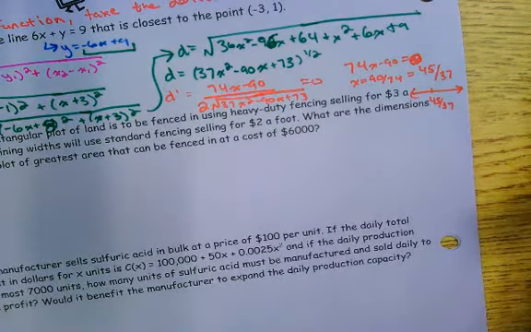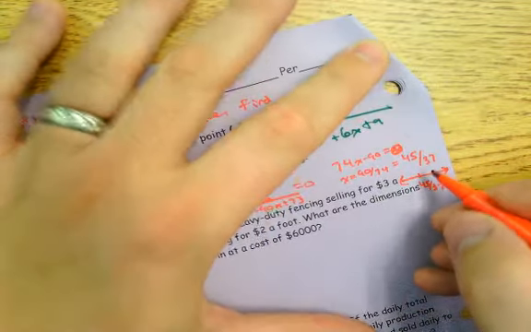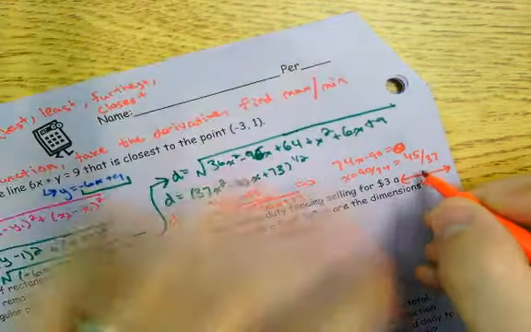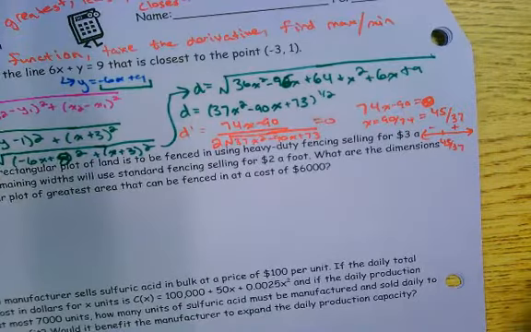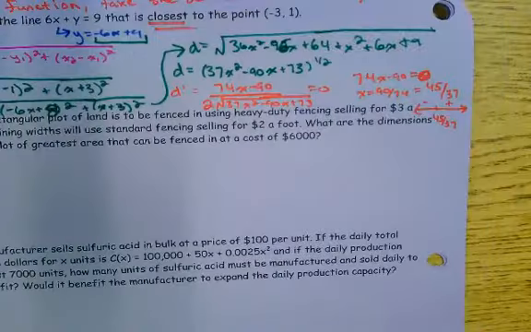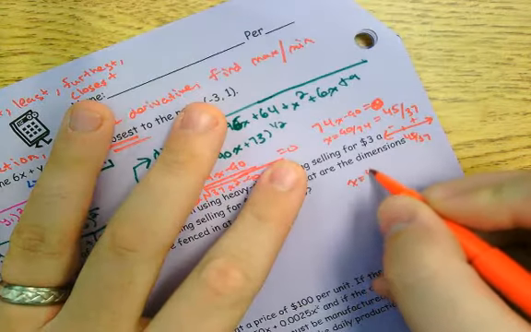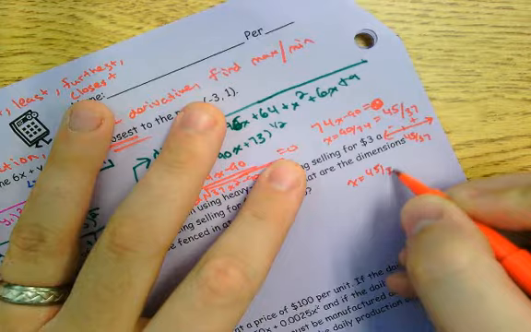It goes negative to positive, goes down, up. Is that getting a min or a max? It gives me a min. Is that what I wanted? Closest. I want a minimum. So we're great. We're good. So x is equal to 45 over 37.